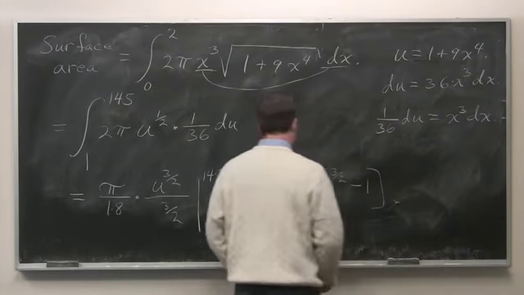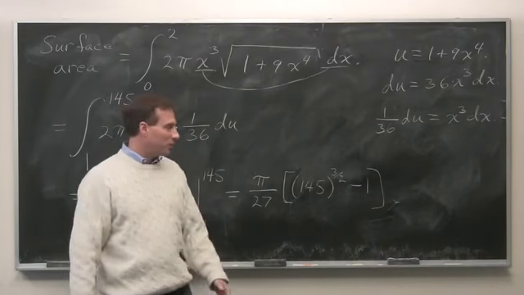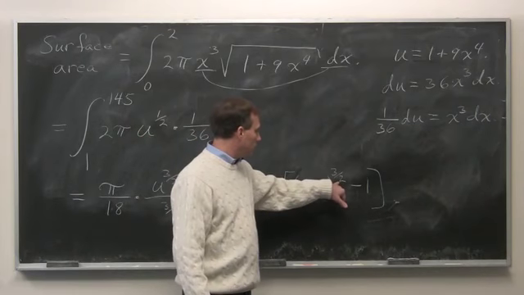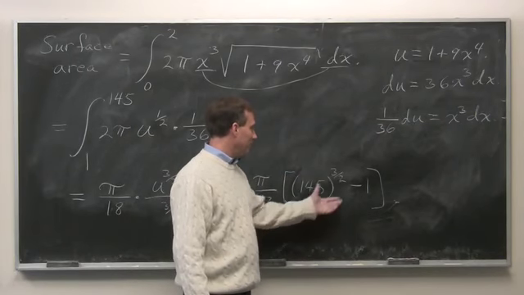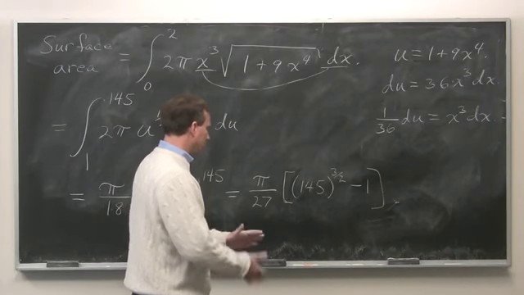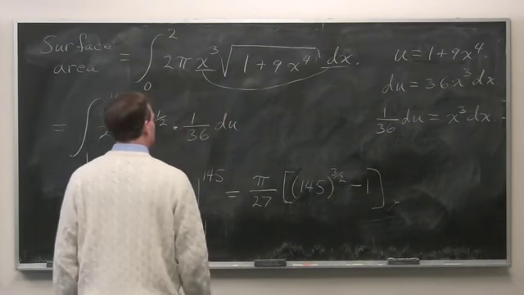So this is what we get for the surface area. Again, 145 is approximately 144, so its square root would be 12, and then you get 12 cubed minus 1. Okay, I'm not going to approximate this one. But anyway, this is what you get for the surface area.